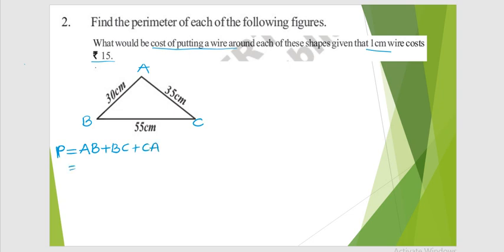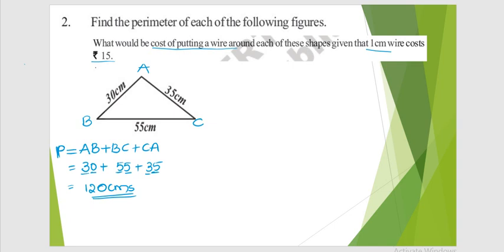Substituting the values, 30 centimeters plus 55 centimeters plus 35 centimeters. 5 plus 5 plus 0 gives 10, so 1 is carried. Next 3 plus 5 is 8, 8 plus 3 is 11, plus the carried 1 gives 12. So the perimeter is 120 centimeters.